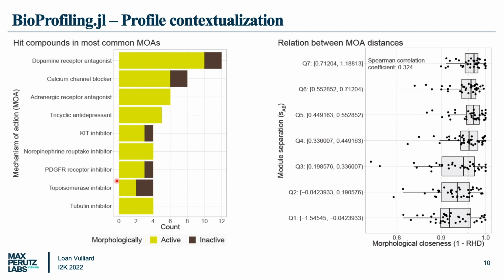of the cells. We can even contextualize all of that by comparing our morphological profiles to other information that we have about the drugs. And here, what I'm showing on the right is a comparison of the similarity between the morphology induced by the drugs and the closeness of the targets on a protein-protein interaction network.